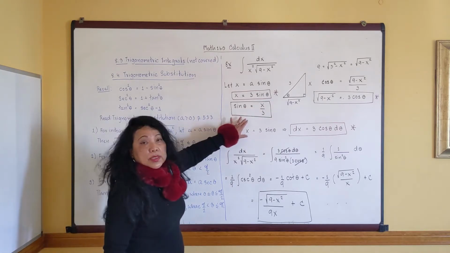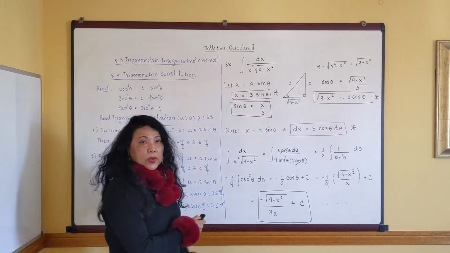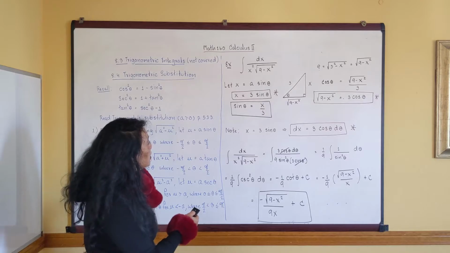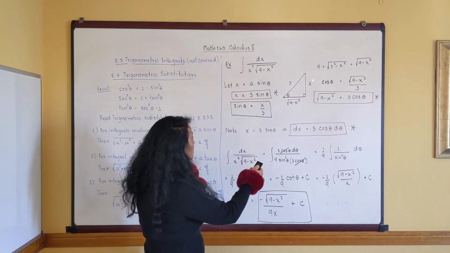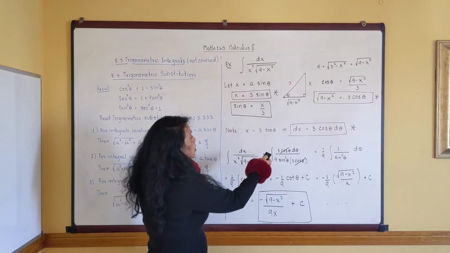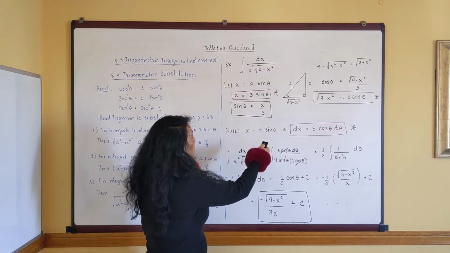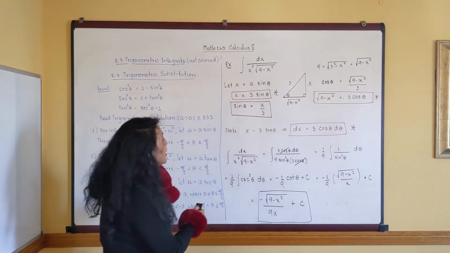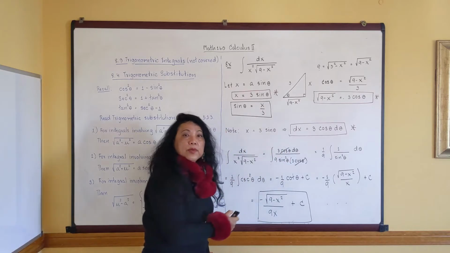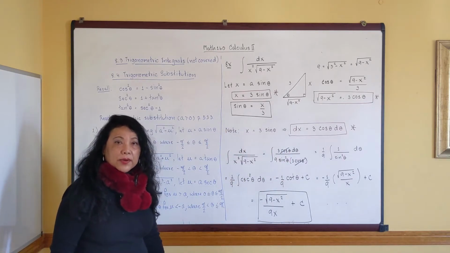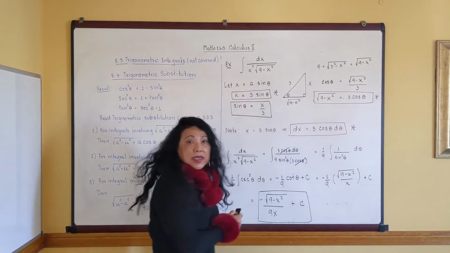Now we're going to use this to find the right triangle. We have a right triangle here. Theta is over here, and sine is opposite over hypotenuse, so x is the side opposite theta, over the hypotenuse, which is 3. The part that we are missing is right here, but we can use the Pythagorean theorem to find it.